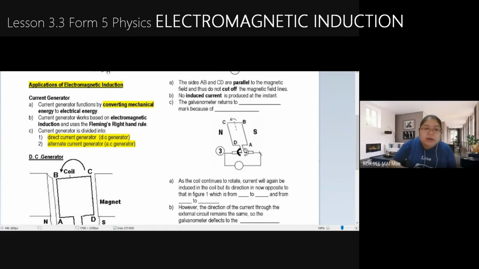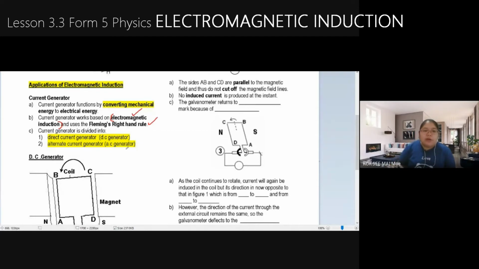The current generator works based on, if they ask what phenomenon, you must refer to the topic's name, electromagnetic induction. Using what concept? We use Fleming's left-hand rule to find out the induced current, how it is produced and what the direction is.